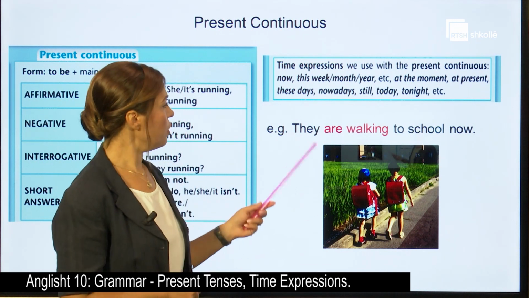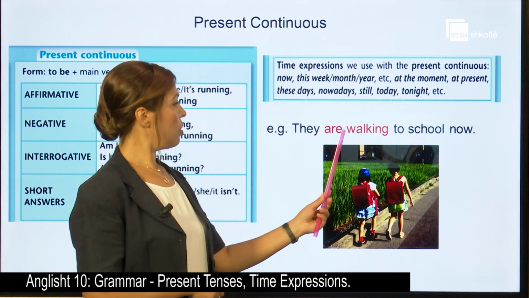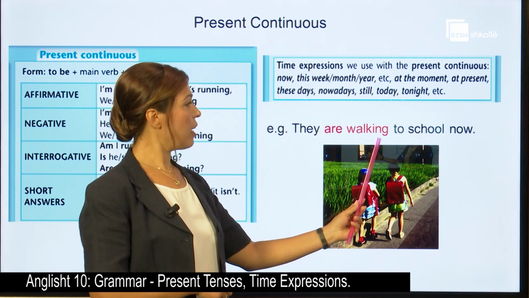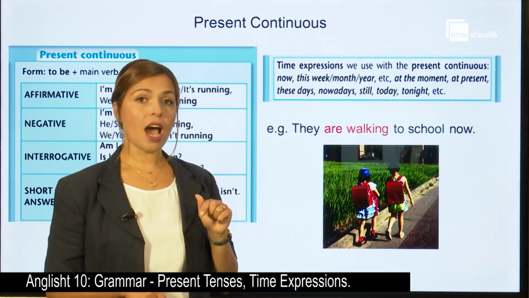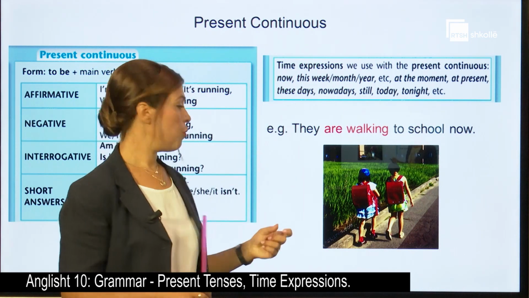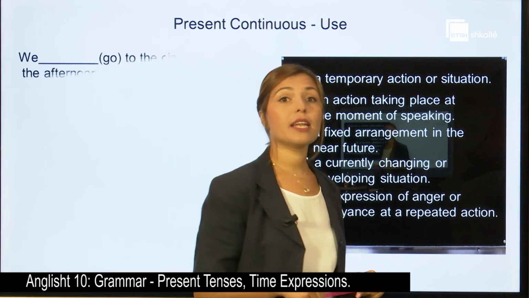Let's see an example. They are walking to school now. The verb to be and our main verb in ing are walking. When? Now. So the present continuous is used mainly to show things happening now.